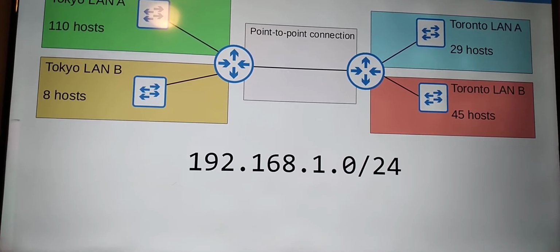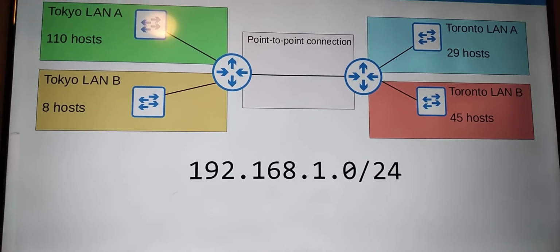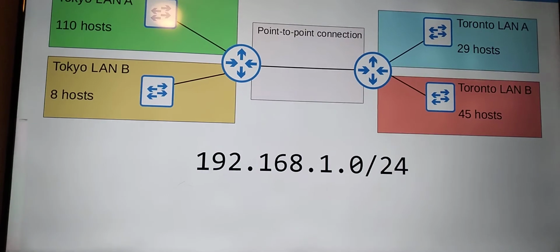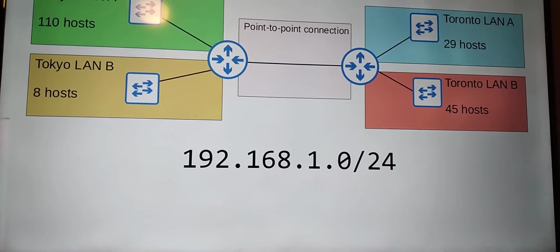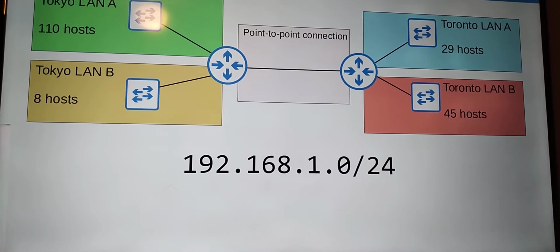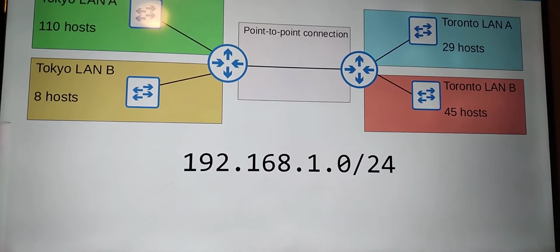What we're going to do is divide it into 5 subnets to provide IP addresses for all hosts in the network: Tokyo LAN-A, Tokyo LAN-B, point-to-point connection, Toronto LAN-A, and Toronto, Canada LAN-B.